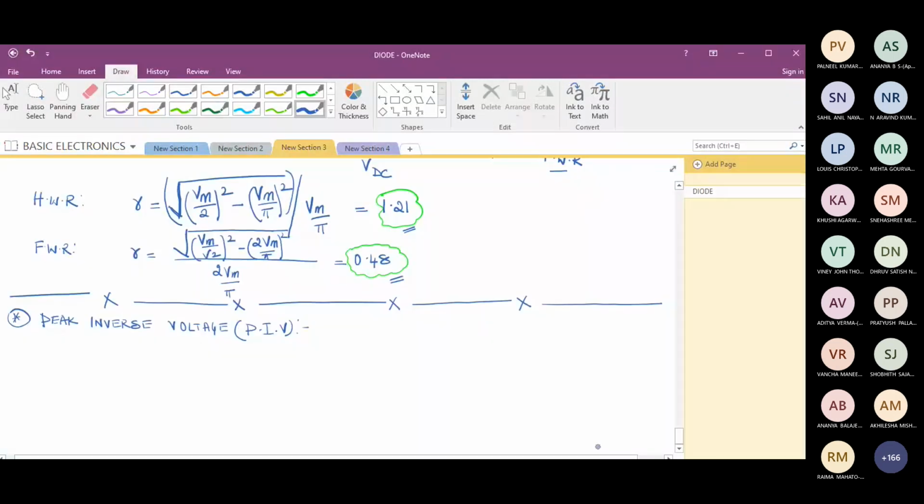Straight away you can note down the definition. Later I will explain what it is.